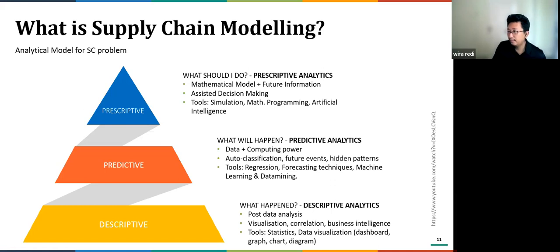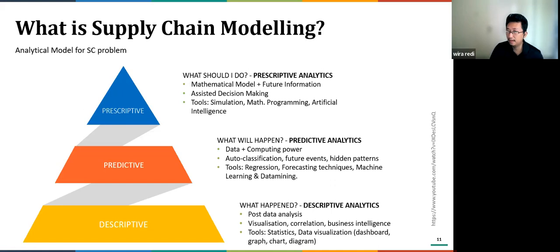Okay, if we break it down into more details, we can divide the analytical approach into these three, or some people have it as four. Again, I put it in a pyramid because it represents which one you should go first before you have the other one. What do I mean by that?